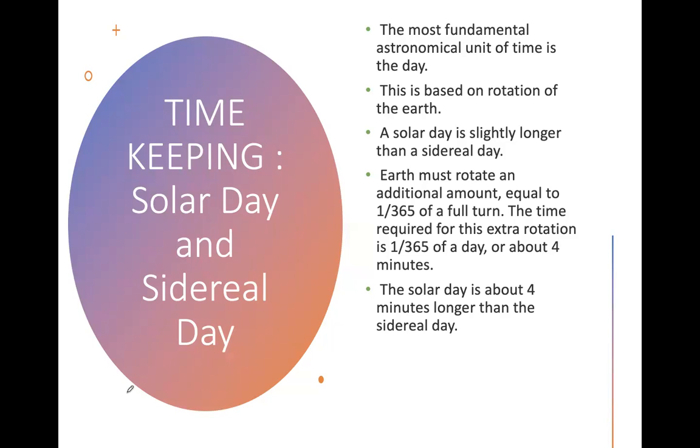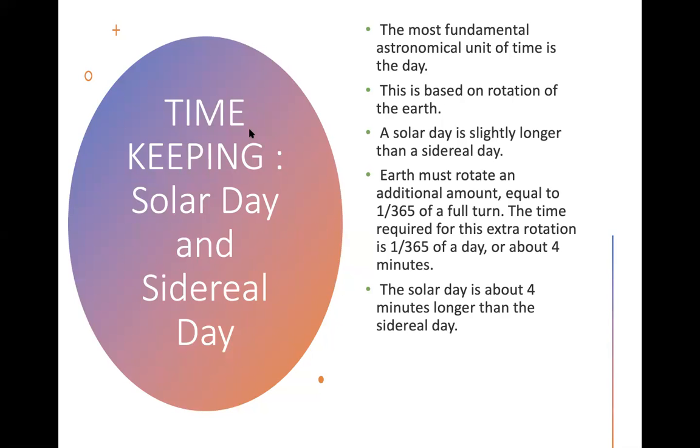Now, the most fundamental astronomical unit of time is the day. So the day is what we normally use to measure, right? It is a fundamental astronomical unit for timekeeping. Now, all of you, I guess, know what it means to have a duration of 1 day, right?